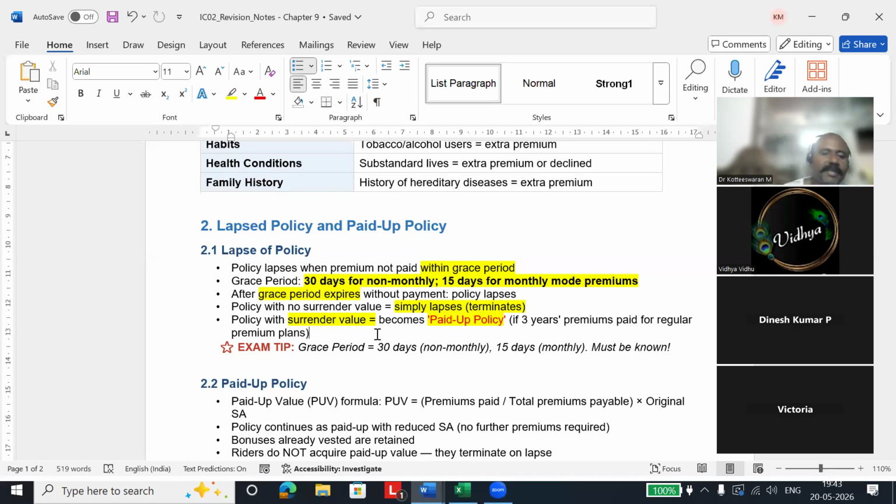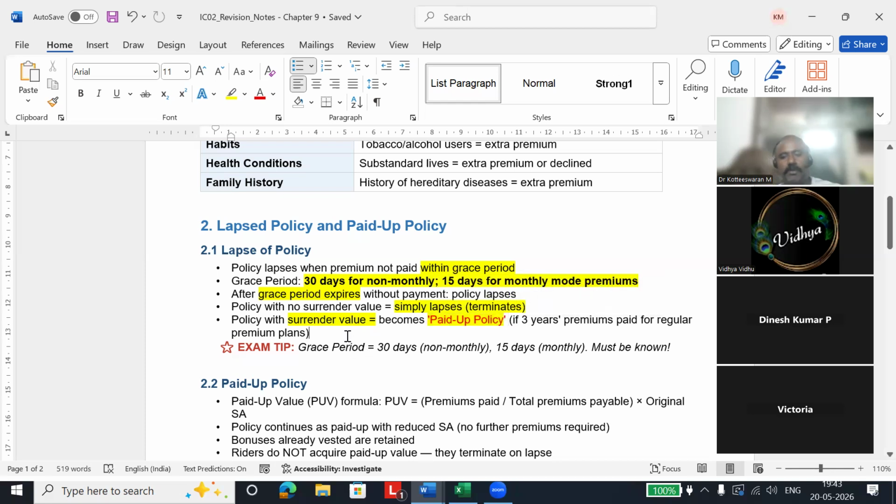I have paid 3 years of premium, 3 lakh rupees. Now what will happen? The policy will continue for 10 years, but the face amount, instead of 10 lakhs, will get reduced to 3 lakhs. So 3 lakhs of face amount குறைச்சிட்டு நீங்க premium pay பண்ண தேவையில்லை, but it will continue for 10 years coverage risk. So this is called paid up policy.